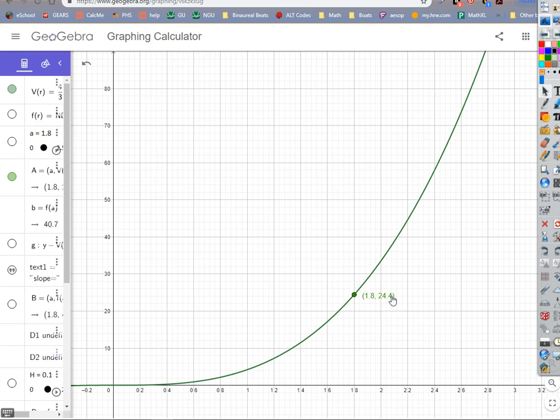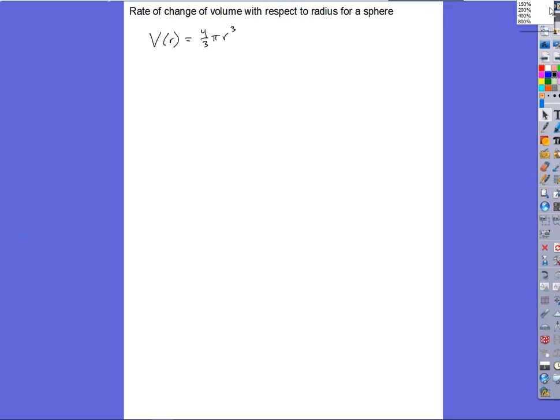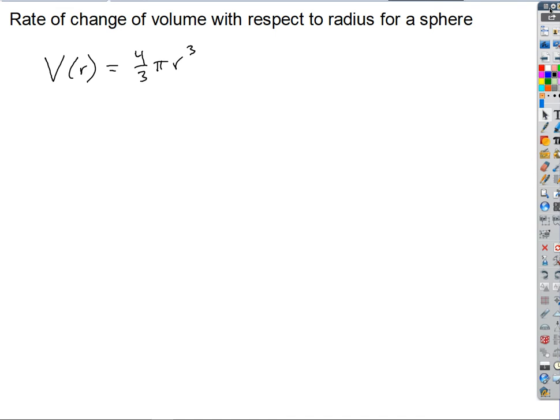Okay, so back to my question. What are we talking about? A rate of change of volume with respect to radius. What is that referencing in terms of calculus? Okay. Which derivative am I taking?